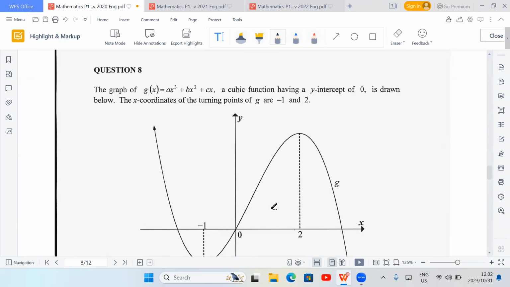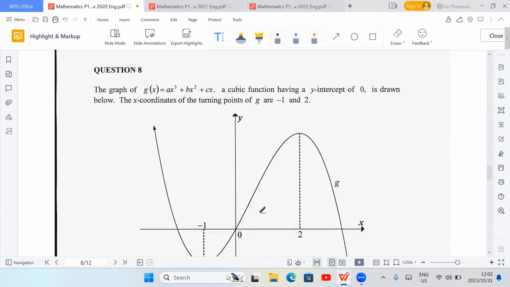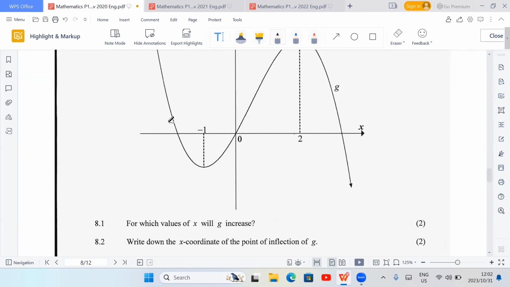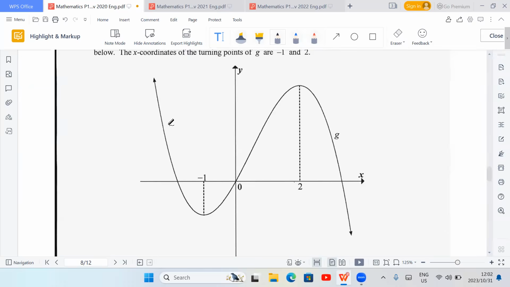And then you have your question 8, which is cubic function. So cubic functions, again, they should be easy at this point. You should know how to solve your cubic functions with ease, right?